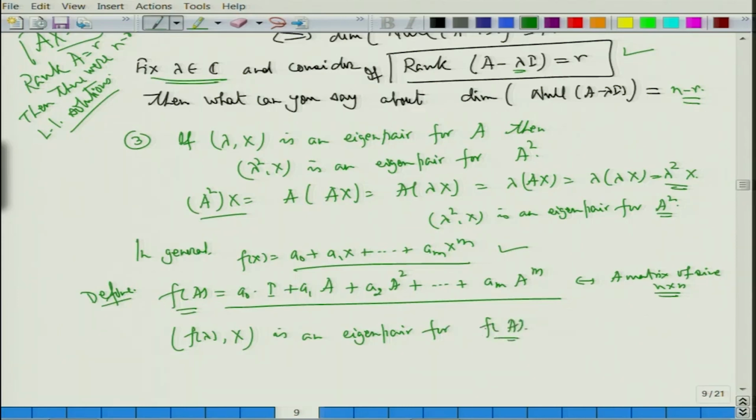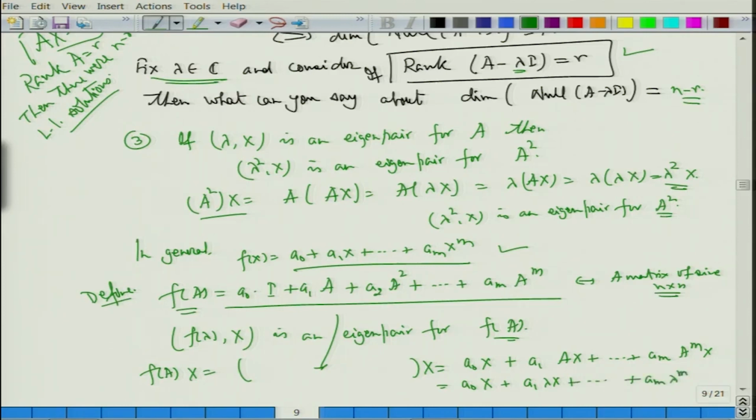Why? Because just compute f of A times x, which will be equal to a0 times x plus a1 times Ax plus up to am A to the power m x, which will give you a0 x plus a1 times lambda x plus am lambda to the power m x.